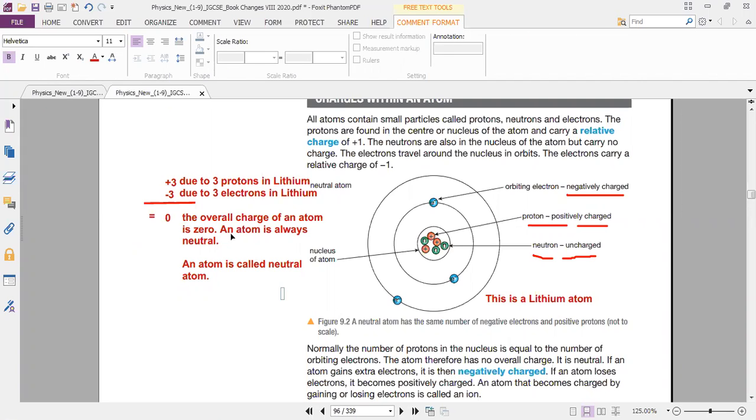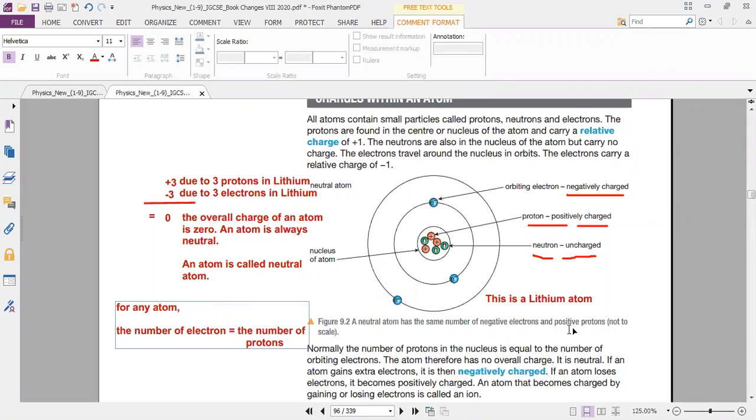So the overall charge is 0 for a lithium atom, and as well as for all atoms, because in any atom, the number of electrons is equal to the number of protons.